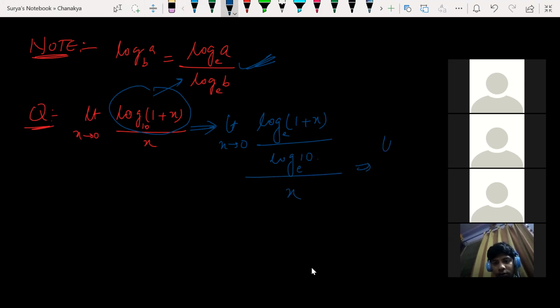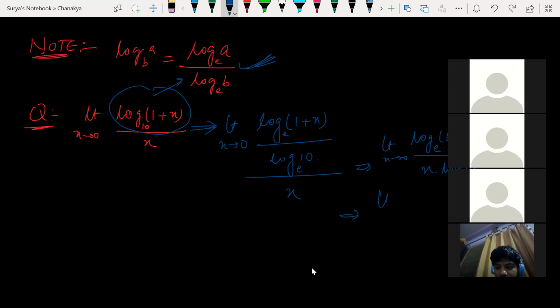Now look at this: limit x tends to 0, log of 1 plus x base e divided by x. So I can write this as log x into log 10 base e. Now how can I split this into the standard formula?